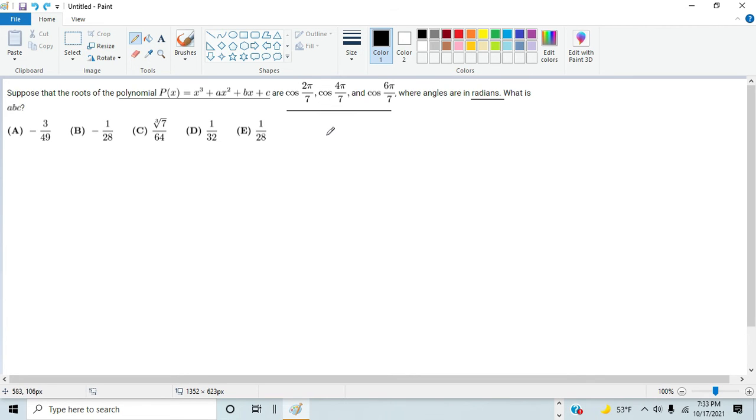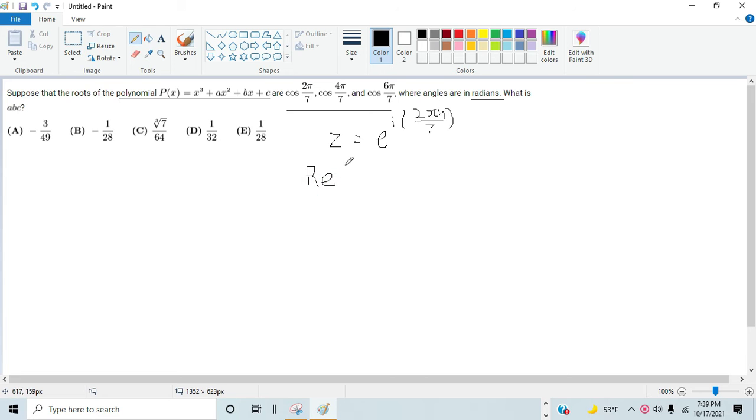So doing so, we set up the complex number z equals e to the i 2 pi by 7. Now that we have the complex number, we can find the cos component of this complex number by just taking the real part of it.